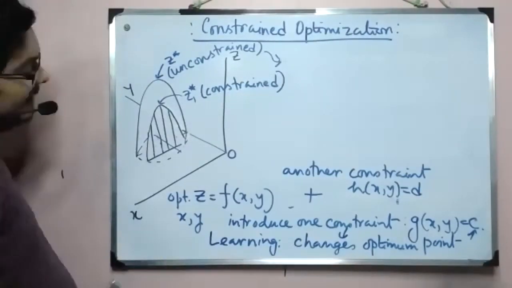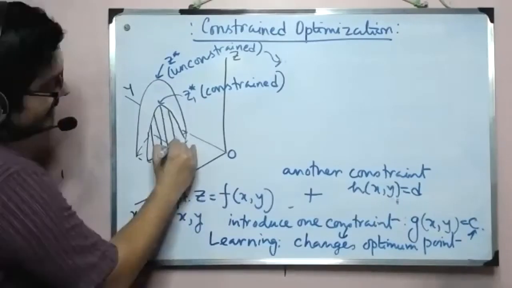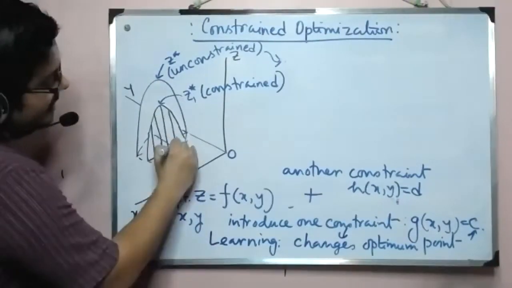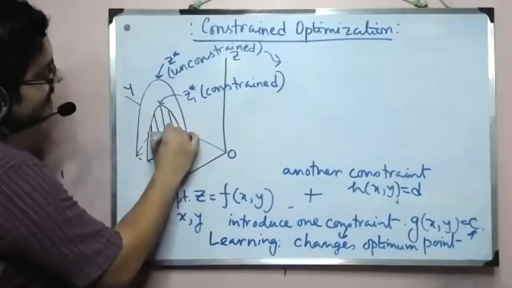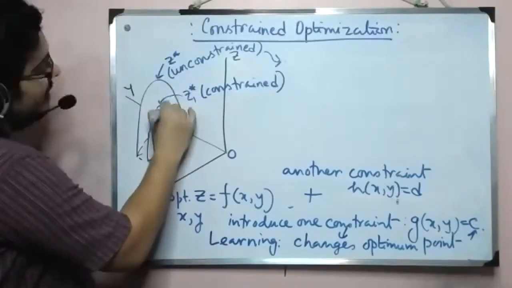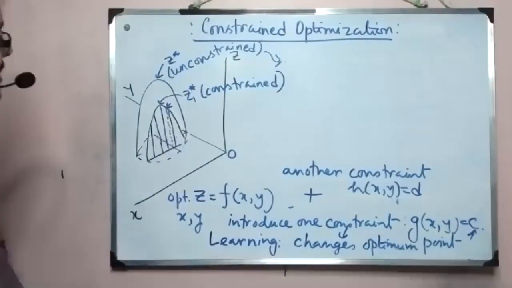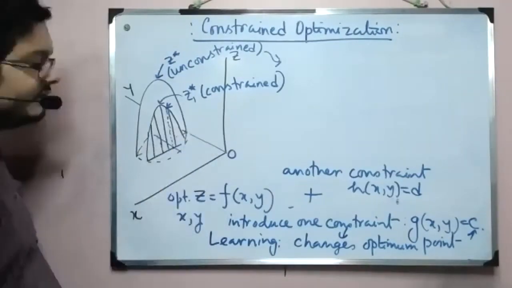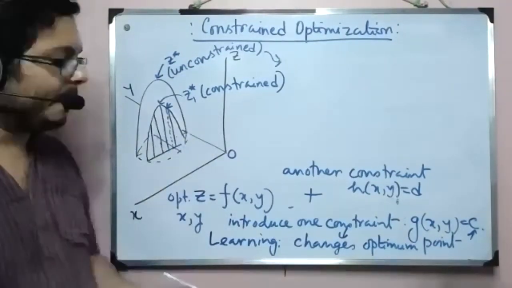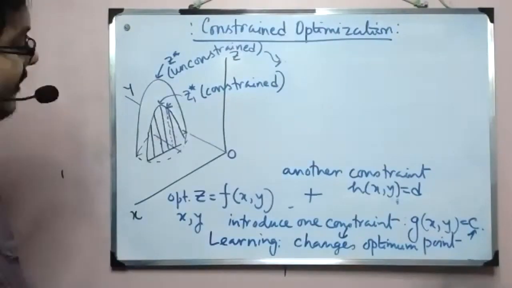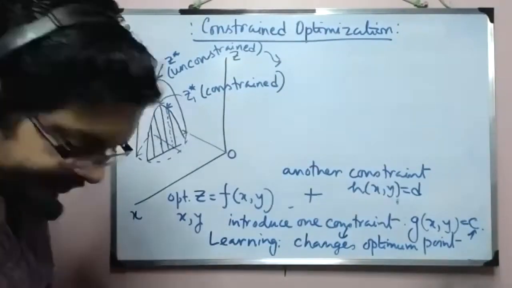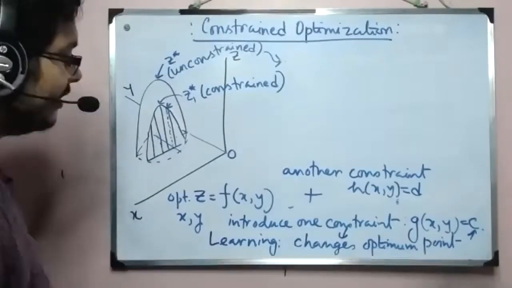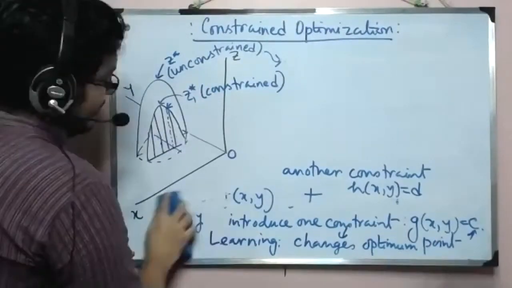If I introduce two constraints, this intersection point gives us a very specific value, so there will be nothing to search over a curve. Okay, so let's proceed to an example.